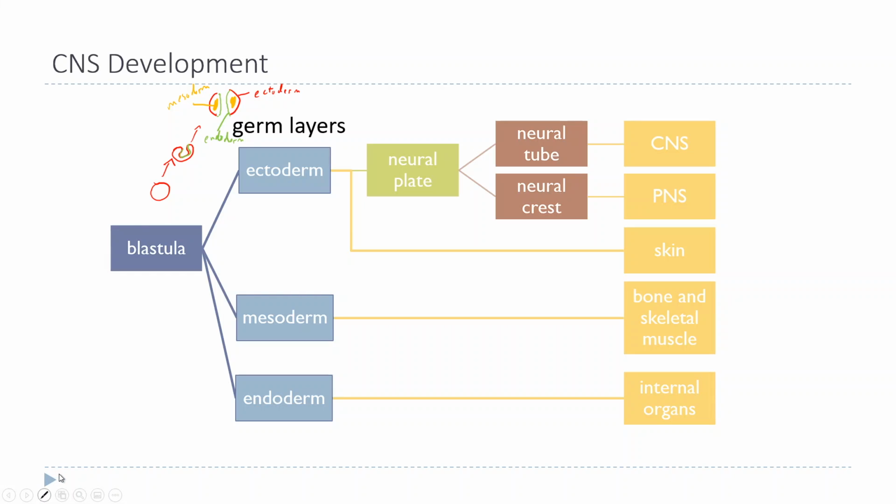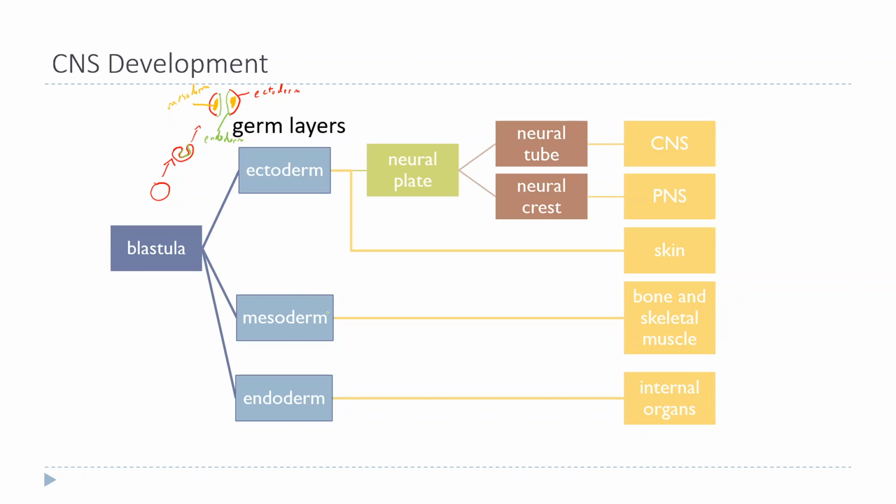The innermost layer, the endoderm, mostly it's going to form the lining of the digestive system and things that are attached to the digestive system, including things like the liver and other internal organs.